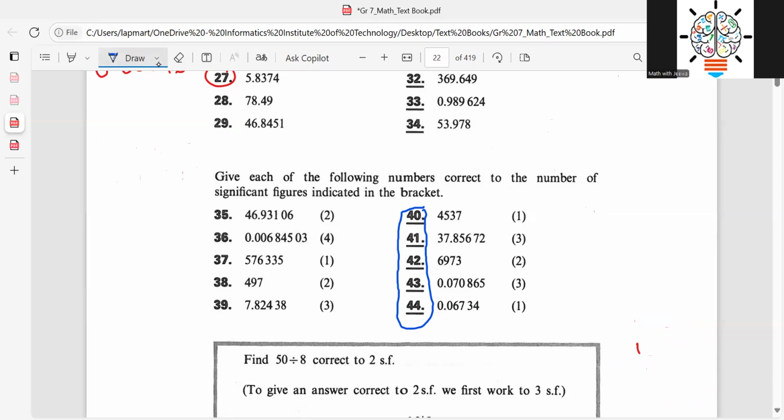Question number 35 says the second significant figure. I write the number 46.93106. I underline the second, you just see that if I don't have that mindset, the focus, I just underline this one. That is the second decimal place.